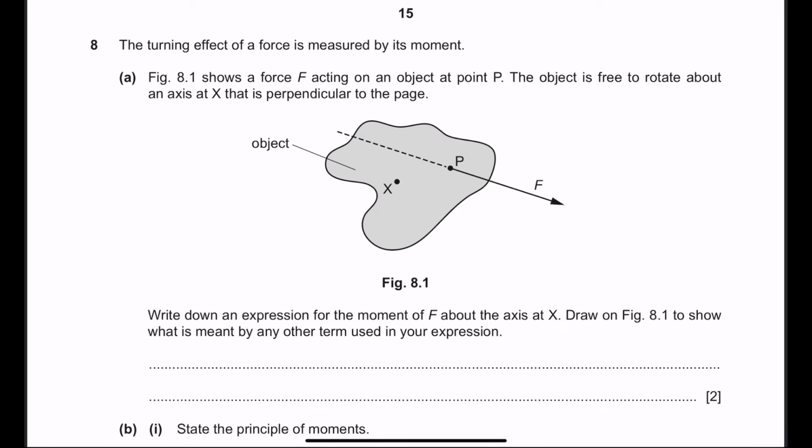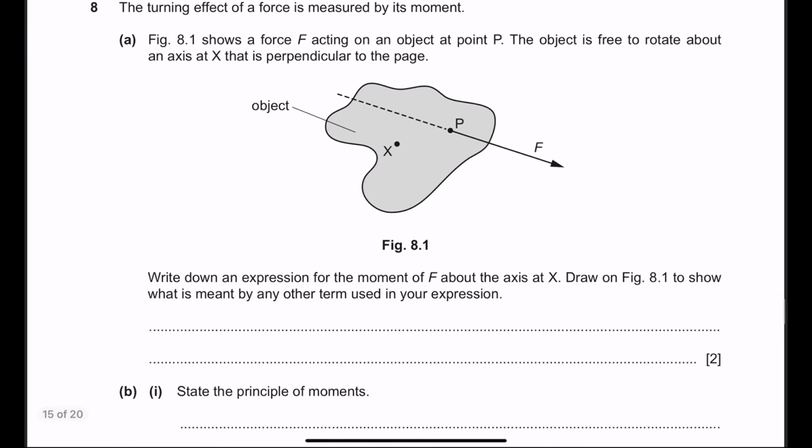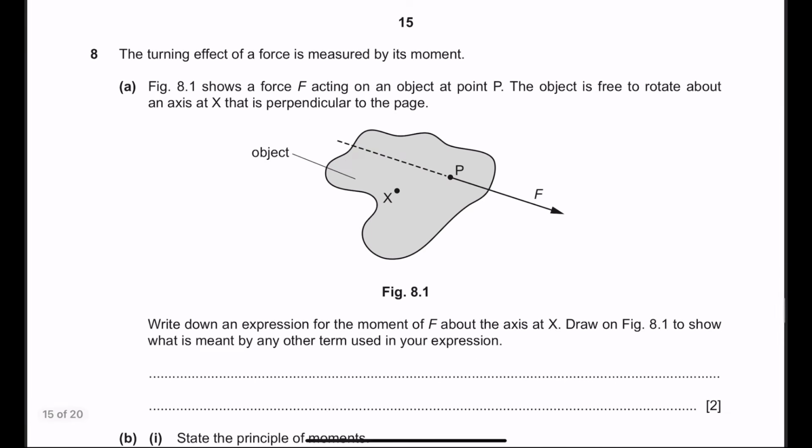All right, so now we will move on to question number 8, and this question mostly deals with the chapter turning effects or moments. Now you have been shown an irregular object, and a force is acting at point P as shown by the arrow, and X is the point which needs to be treated as the pivot.